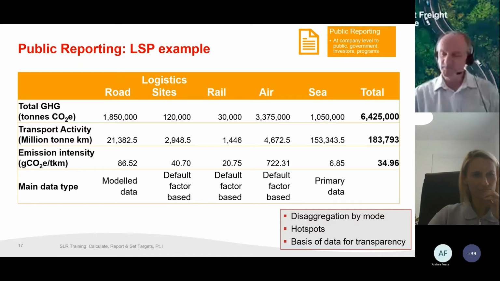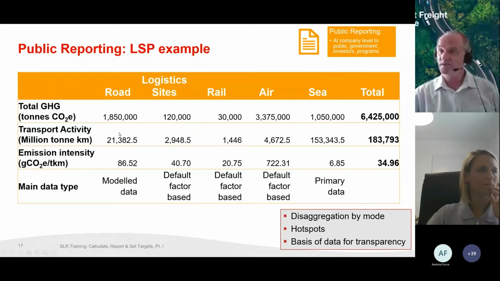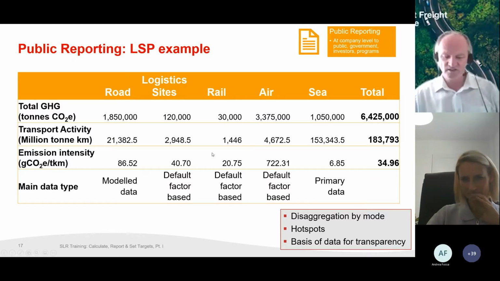What we would like to see in terms of the types of indicators that are included, but also the breakdown, not just a total for an organisation, but also understanding what the emissions are broken out by different main mode across the supply chain, together with the activity, because you can pick out not only the intensity of the different modes and compare them, but you can also then begin to understand, as an organisation changes the modes that it uses year on year as part of its decarbonisation strategy, how that's feeding through in terms of both the impact of the modal shift and the change within each mode's efficiency year on year.